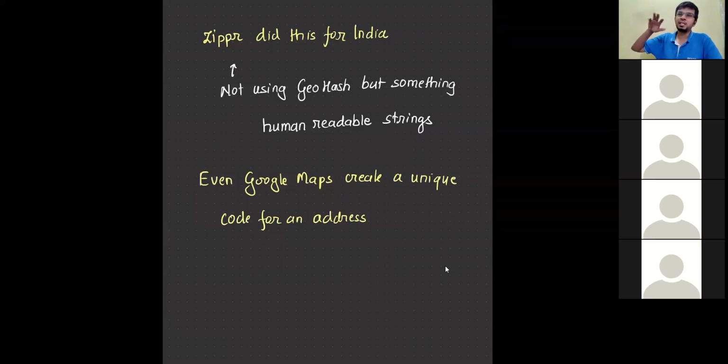So you don't have to specify go left, second right, third cross, fifth lane, beside a temple, under a neem tree sort of stuff. You can just share this one code, which would be your address, which is very easily recollectible.